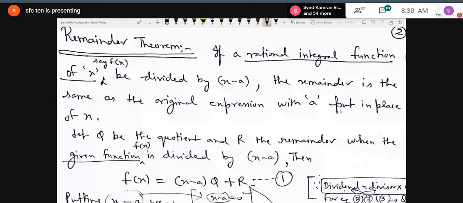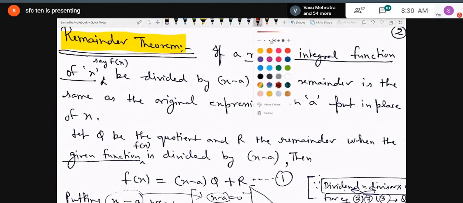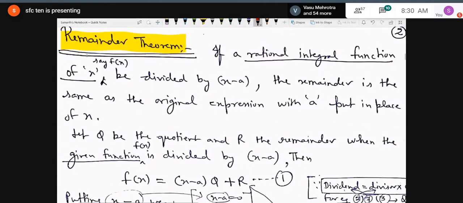Now what does the remainder theorem say? First of all, go through the complicated statement and then try to understand. It is so easy.